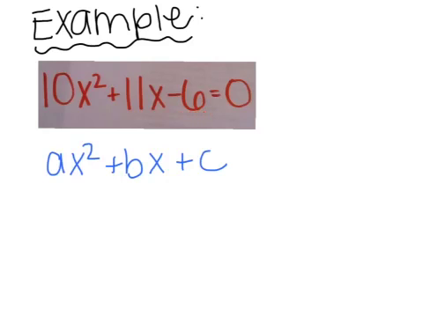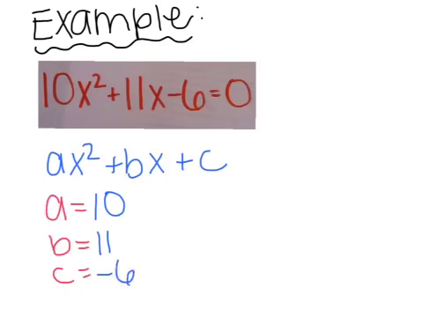It already is in standard form. So right from the equation, we can determine what a is, what b is, and what c is. 10 would be a, 11 would be b, and negative 6 would be the value of c.